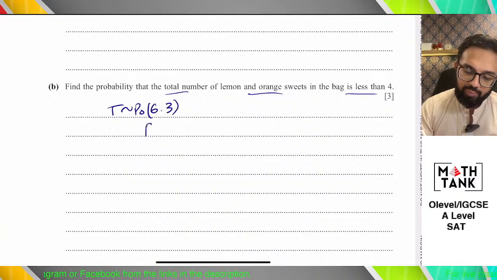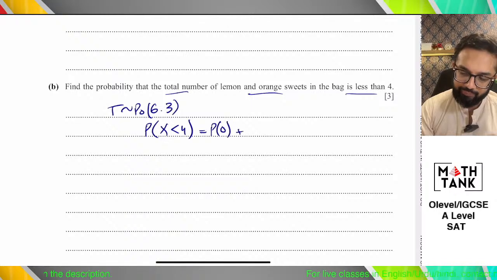I want the sweets to be less than 4. So probability of 0, 1, 2, and 3.